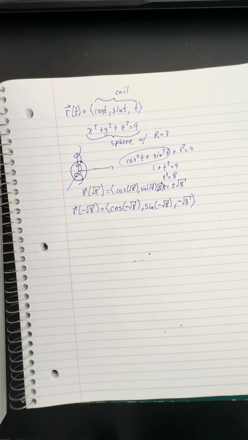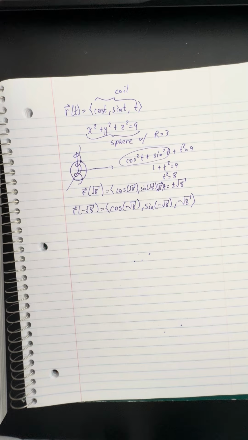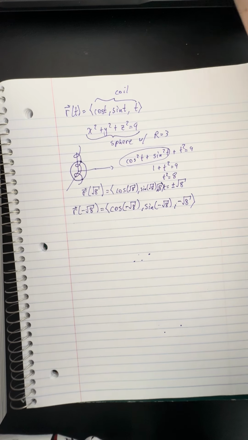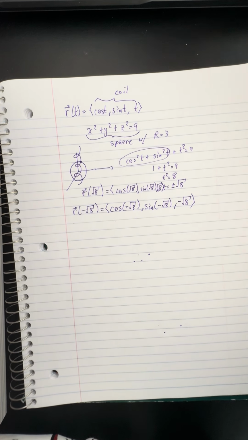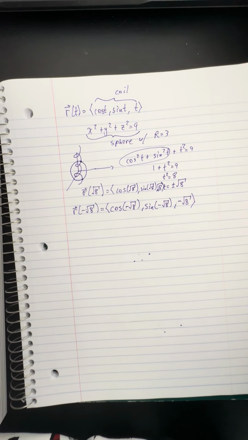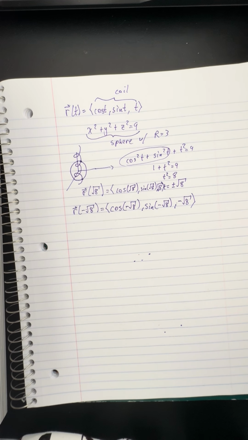And then I guess we could plot this, make sure that we're not wrong. X squared plus y squared plus z squared equals 9, and then plot those points out.